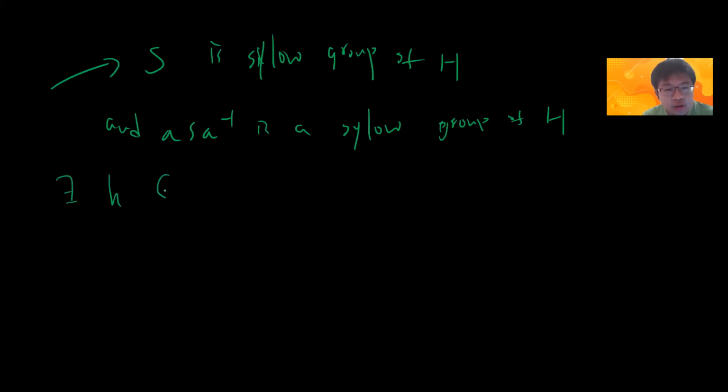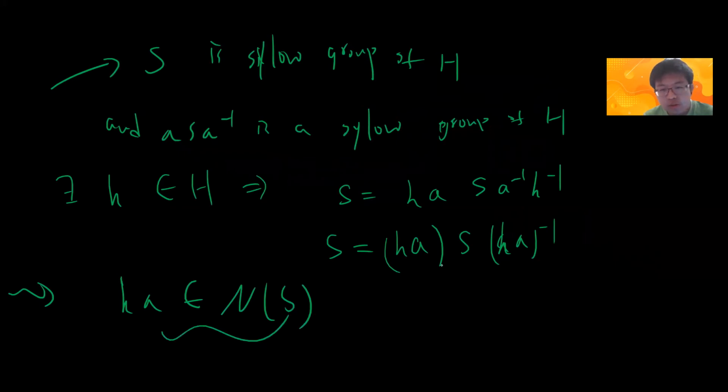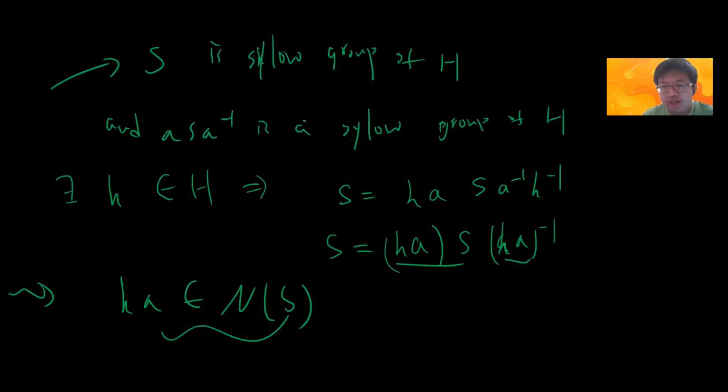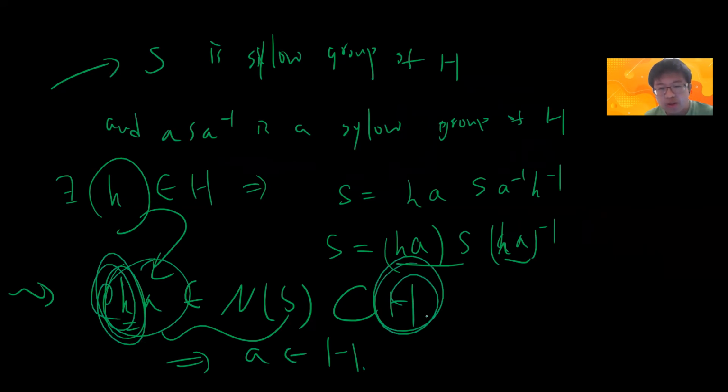So there is h belonging to H such that S is h A S A inverse h inverse, so S is just hA conjugating S. Since they are conjugate to each other, now you get hA belongs to the normalizer of S. But now here comes the magic, because H contains the normalizer of S, and h belongs to H. So you get A belongs to H, because the left hand side belongs to H and the right hand side belongs to H.